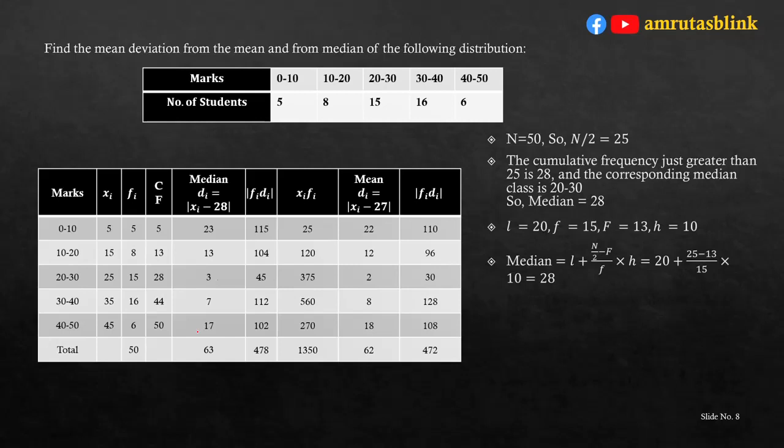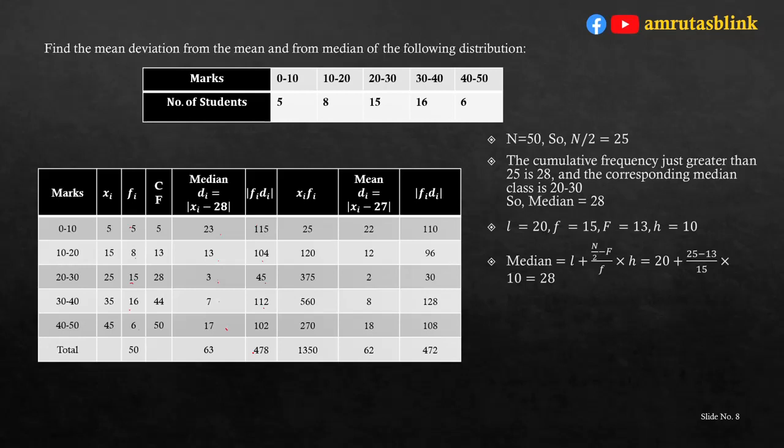Now in order to calculate deviation about the median, we need to find the product fi and di. So 5 into 23 is equal to 115, 8 into 13 is equal to 104, 15 into 3 is equal to 45, 16 into 7 is equal to 112, 6 into 17 is equal to 102.